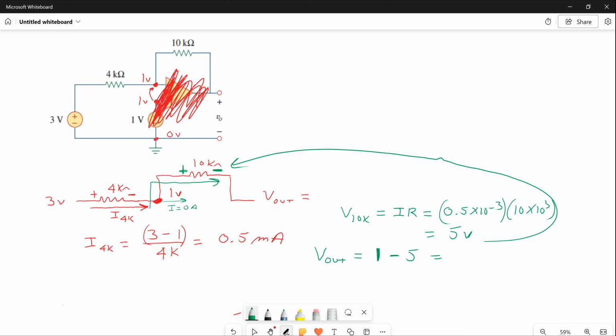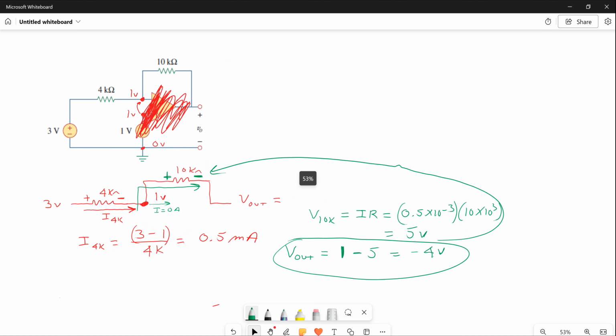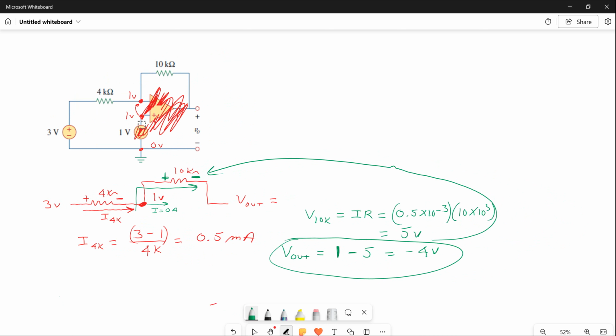You make a calculation there and get negative 4 volts. And that's your answer to that problem, by simply ignoring the operational amplifier once you make a projection. Those of you that do the superposition calculation will get the exact same answer.